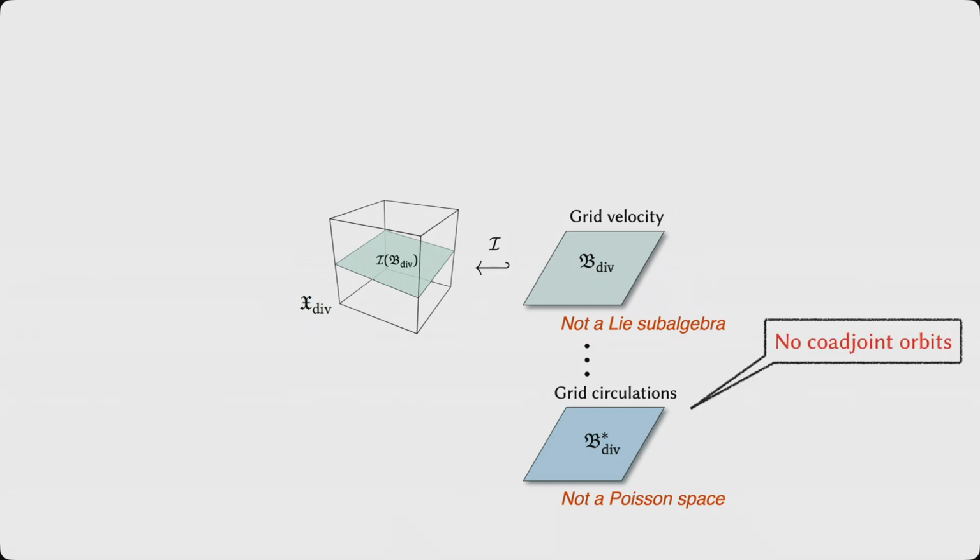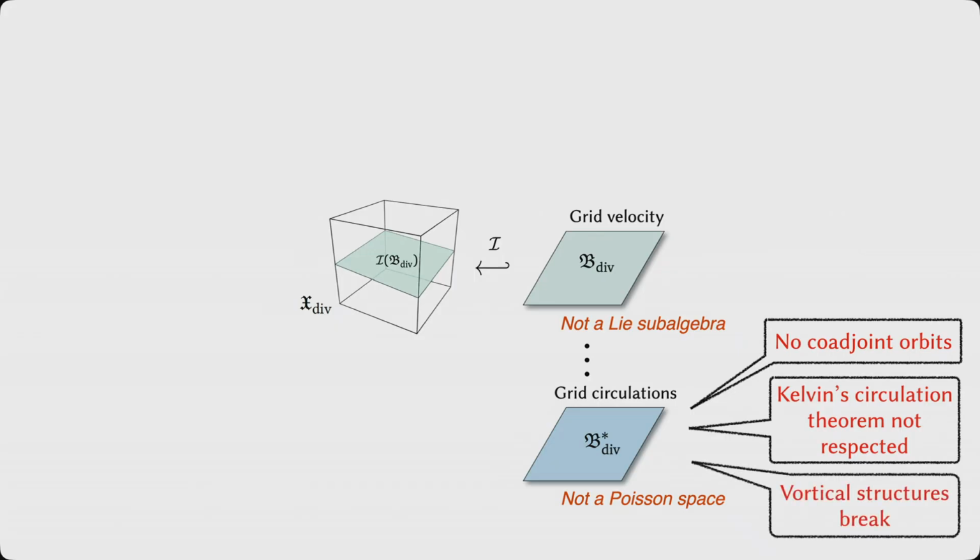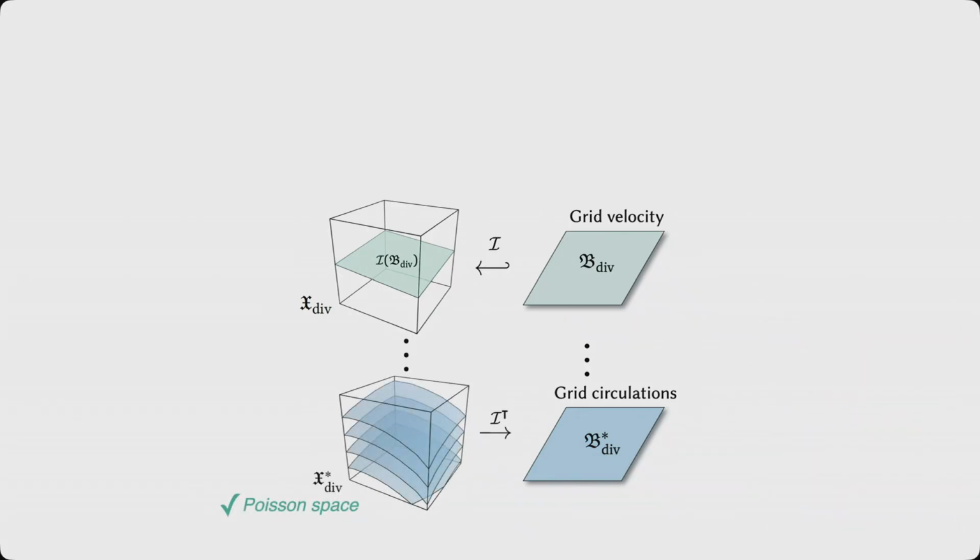But the discrete dual space is no longer a Poisson space because its primal one is not a Lie algebra. Not being a Lie algebra means that if you take two elements in this subspace and you commute them, or measure their commutation, it leaves the space. So you can't have those structures of Kelvin circulation and coadjoint orbits. But they do exist here on the continuous dual space.